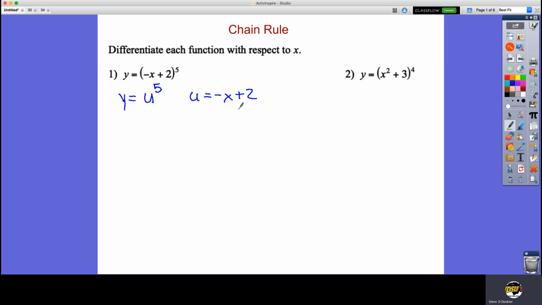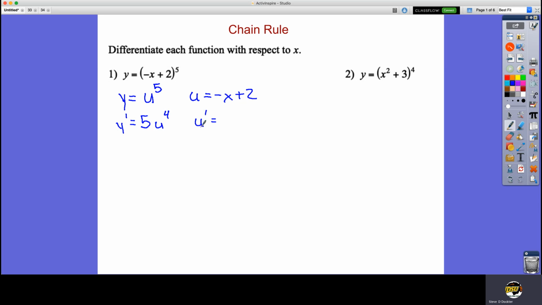Now after that, if you looked at each one of those separately, you could take the derivative of both of those, right? And that's actually what our next step is. We're going to take the derivative of y, and you guys know that we get 5u to the fourth. And then we also have to take the derivative of u.